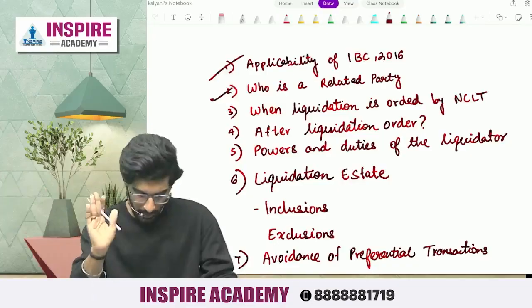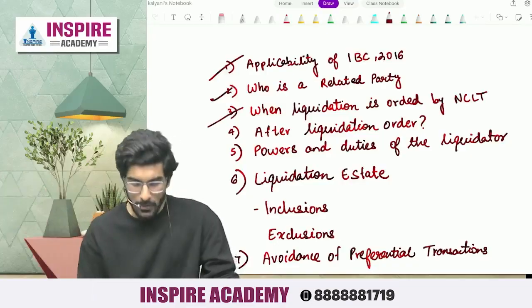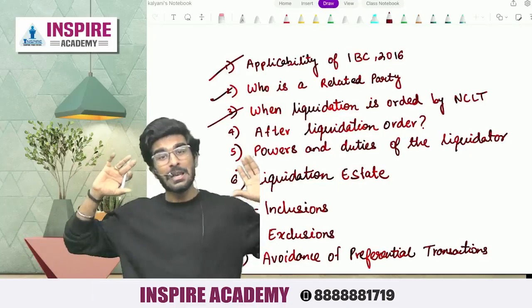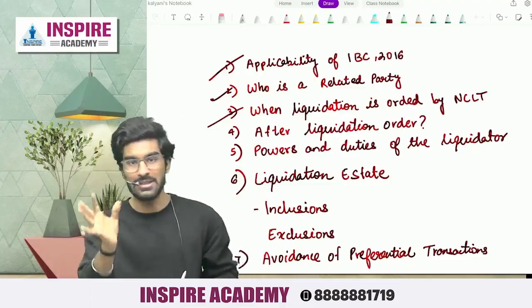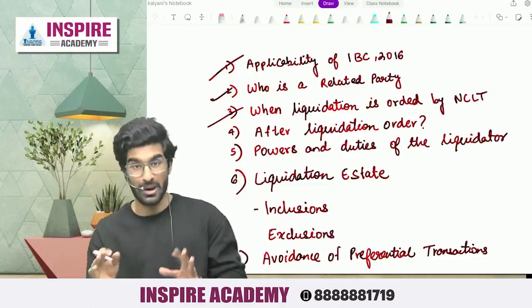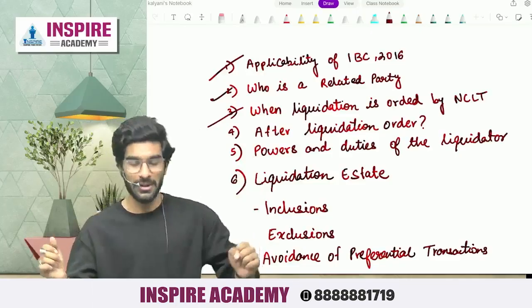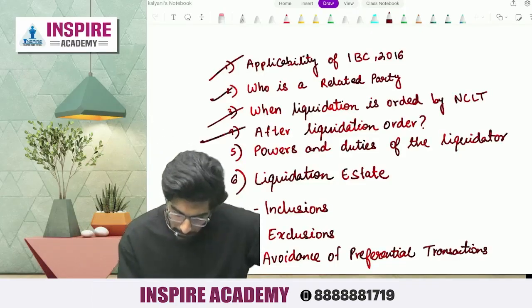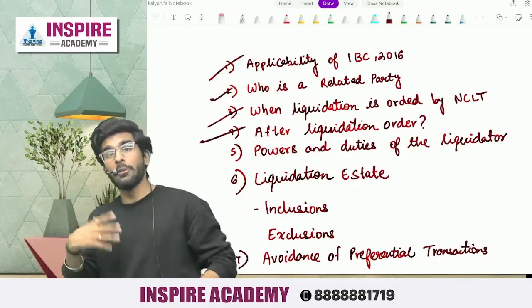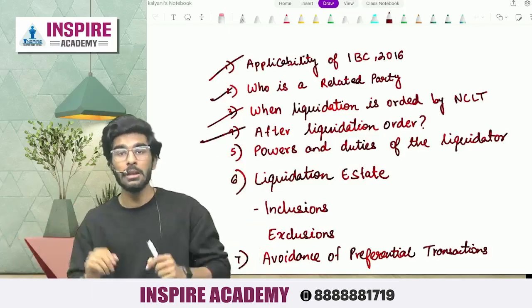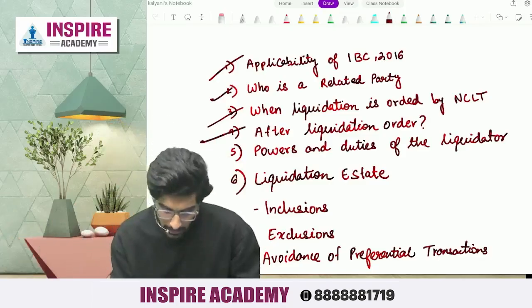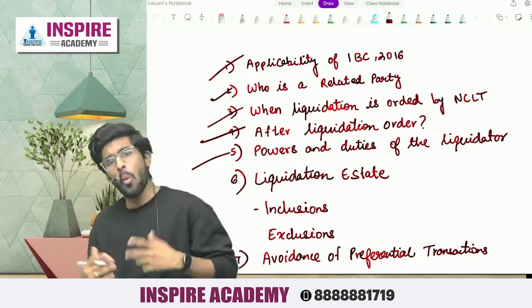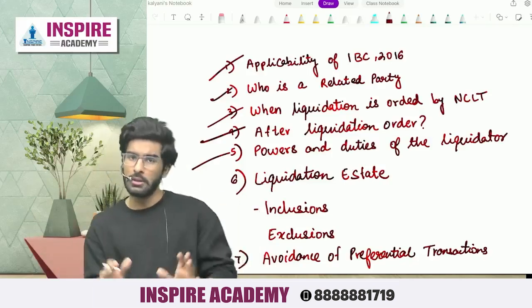Number three, we understood under what exceptional situations a liquidation order can be given by NCLT. Number four, we understood what actions can be taken by the liquidator after the liquidation order. Then we understood the powers and duties of the liquidator.